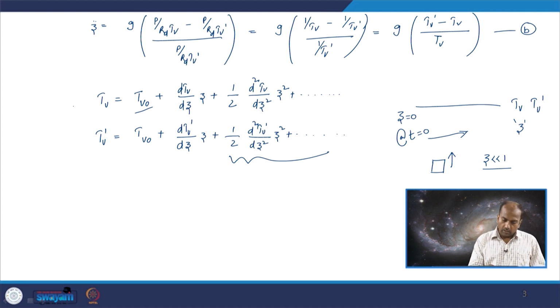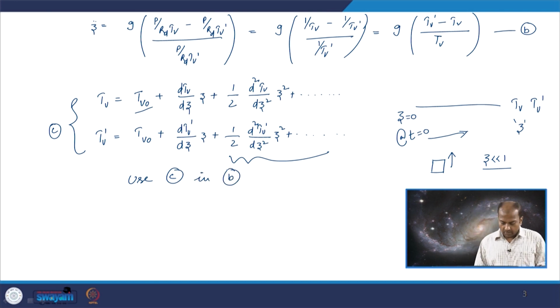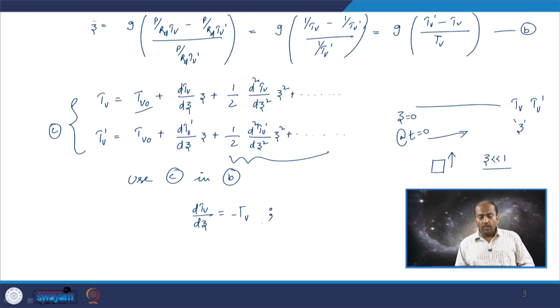So, let us call this set of equations C, and now we will use equation C in B. Okay. So, we will define this derivative. dTV over dZ, that is the rate at which the virtual temperature changes with respect to height for the environment, is defined as minus gamma V, the lapse rate of the environment, minus because it is decreasing.